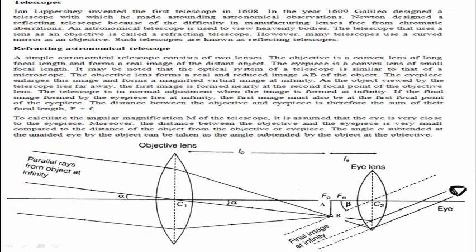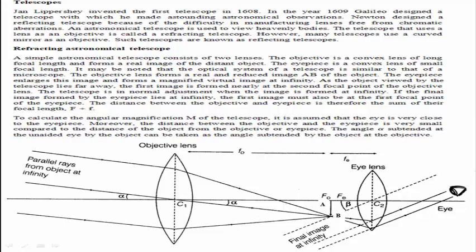Telescope. Jan Lippershey invented the first telescope in the year 1608. In the year 1609, Galileo designed a telescope with which he made astronomical observations. Newton designed a reflecting telescope because of the difficulty in manufacturing lenses free from chromatic aberrations.